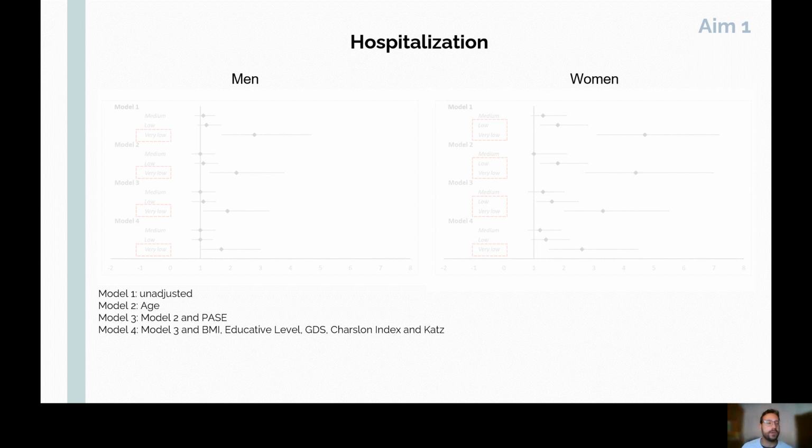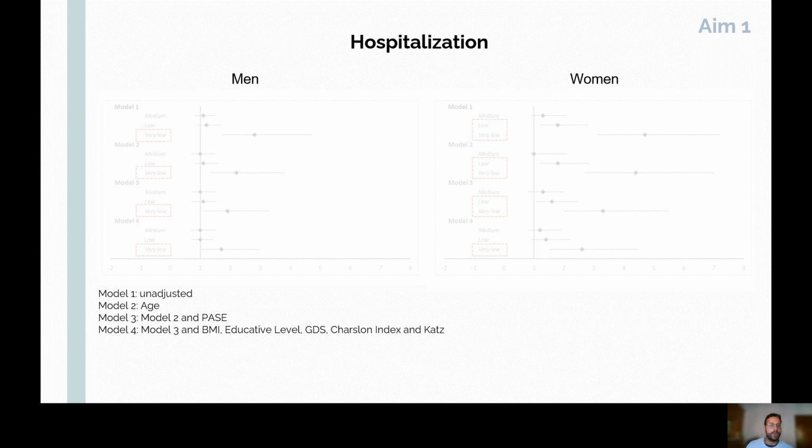When analyzing the association of muscle power with hospitalization, we saw that men that had a very low muscle power were at a higher risk of being hospitalized. For the different models that you can see here, in the first model, we just wanted to have the unadjusted model with no confounding variables. In the second model, we adjusted for age.